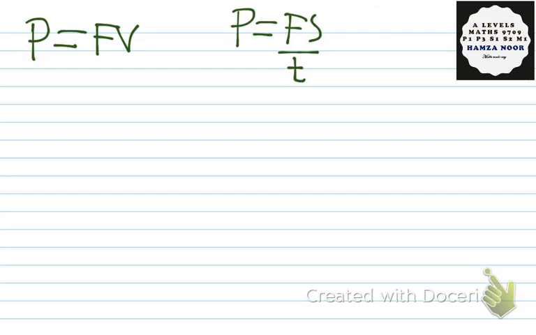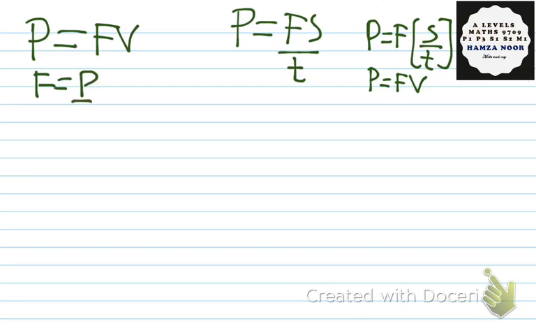So power is F times displacement over time, and displacement over time is velocity, so power is equal to Fv. Since P is unknown, F is equal to P over V.